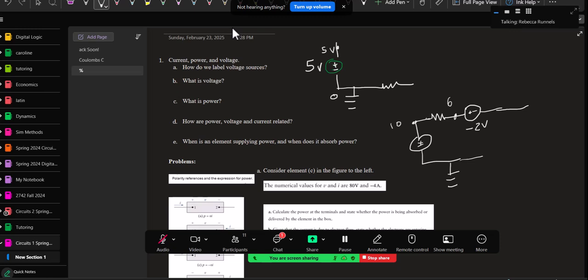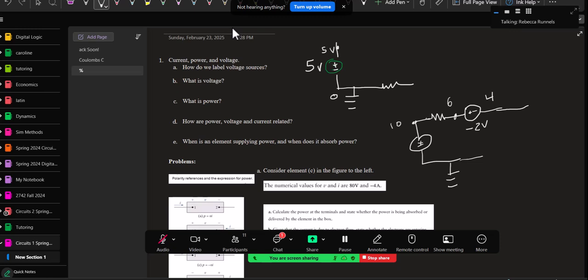That means the positive side is negative 2 more than the negative side, or the positive side is 2 less than the negative side. So if this is labeled as negative 2 volts, that means the negative side would be at 4 volts. So when this has a negative voltage, then the positive side is lower than the negative side by that amount.